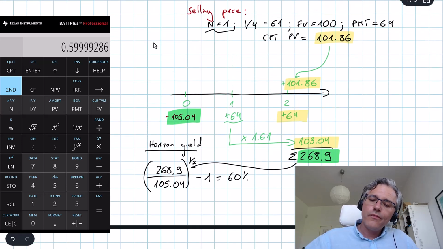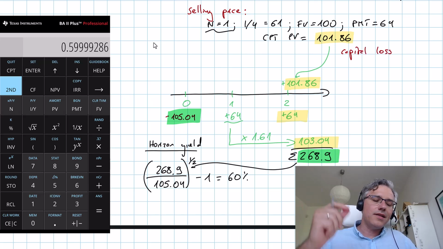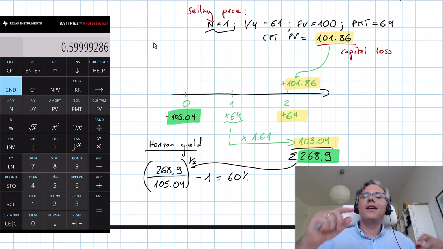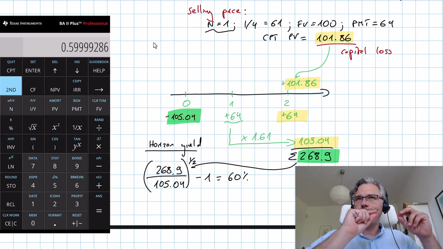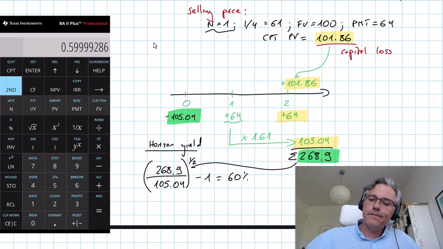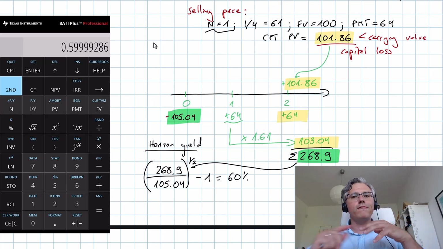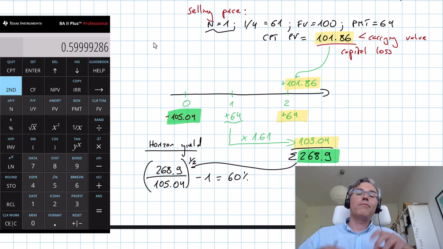So let's check what happens here. First of all, the investor makes a bit of a capital loss because they sell the bond for a price that is lower than the carrying value. And remember from the previous video, for those of you who had an opportunity to watch it, that carrying value is a price that we derived from that constant yield price trajectory.